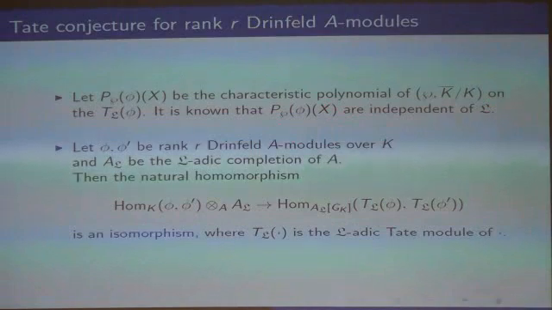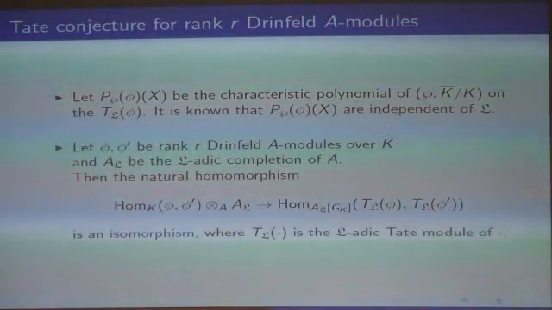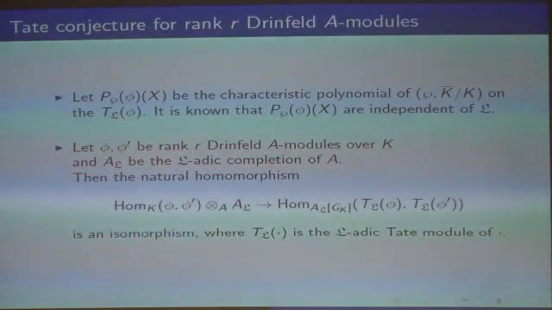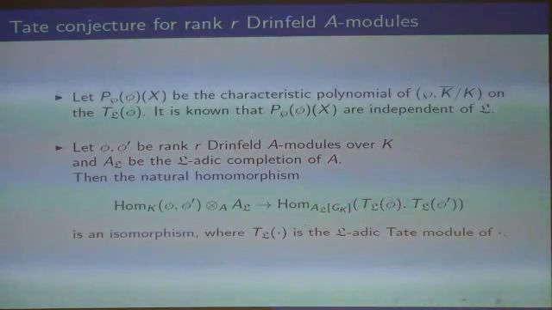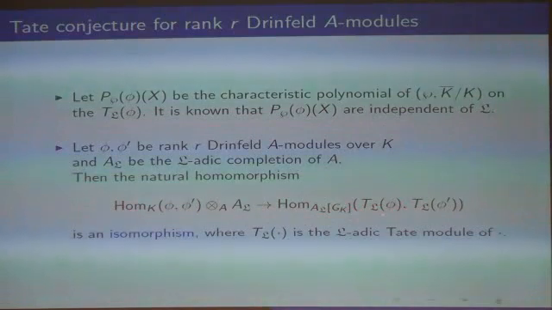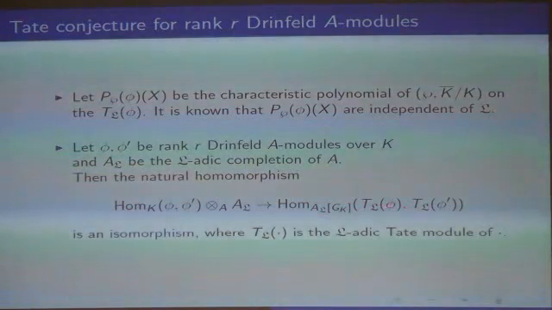That is a known result. Then when you have two Drinfeld modules of rank R, and A sub L denotes the L-adic completion of A, we can collect all the homomorphisms between the two Drinfeld modules, and you can consider all the homomorphisms between the two L-adic Tate modules.